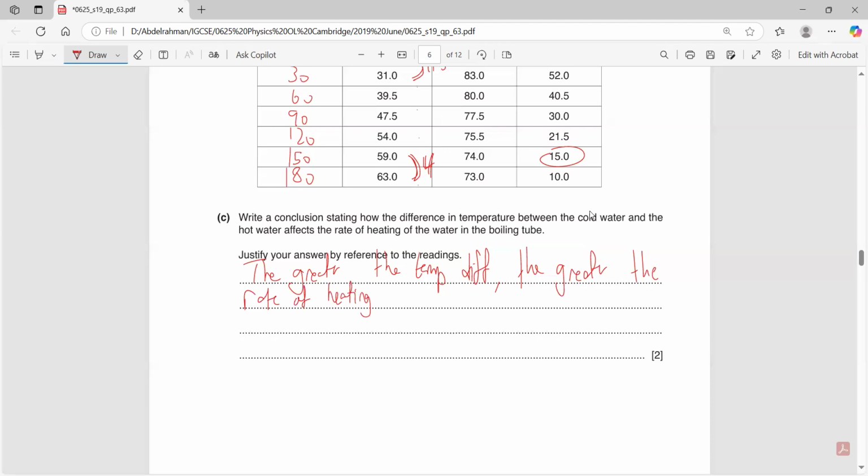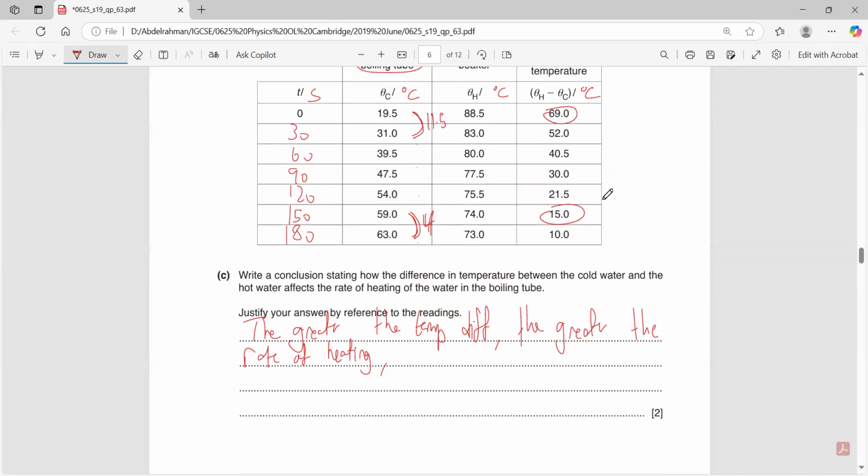But you need to reference the table. How can I reference the table? For example, initially, at first, the difference was 69 degrees Celsius, and the rate.